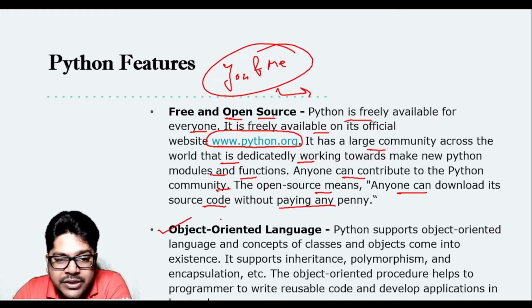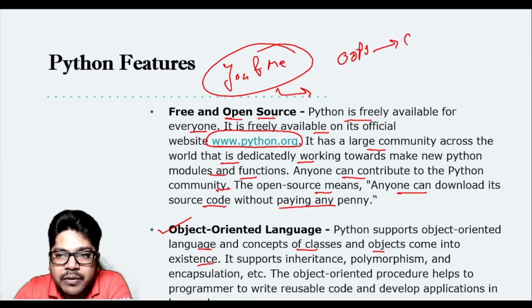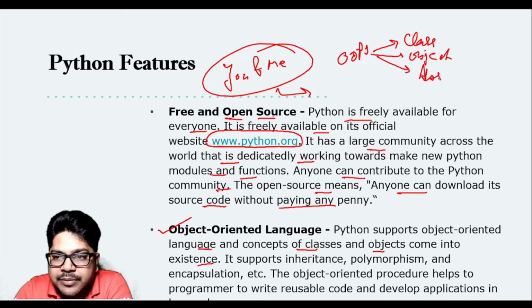Next is object oriented. Python supports object oriented programming, and the concepts of classes and objects come into existence. When we talk about OOPS, a few things automatically come to our mind: class, object, abstraction, encapsulation, inheritance, and polymorphism.